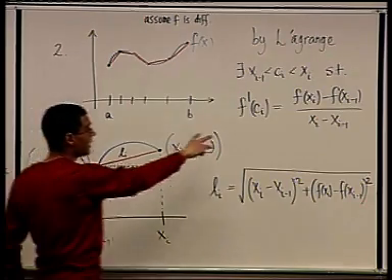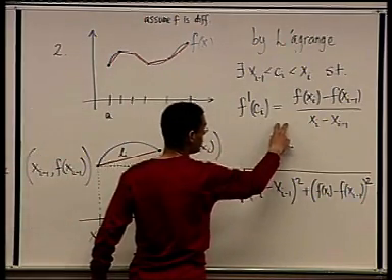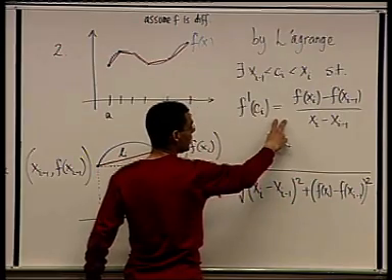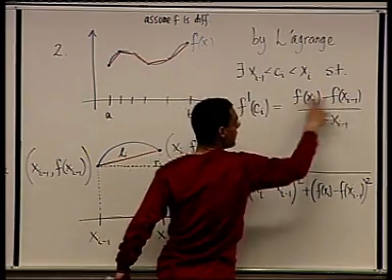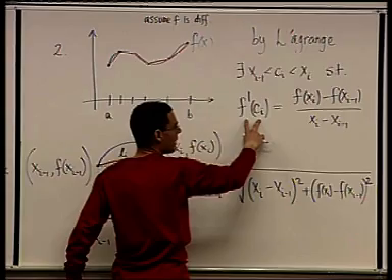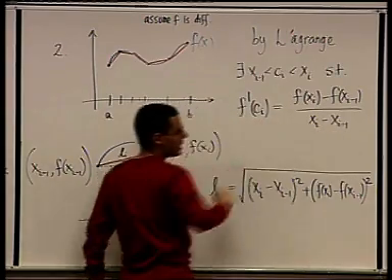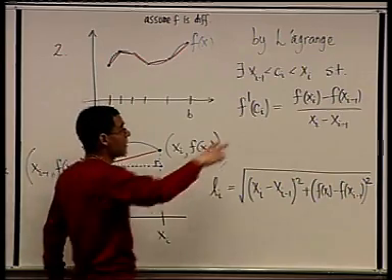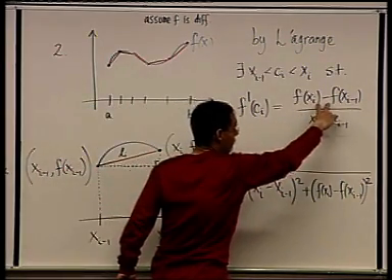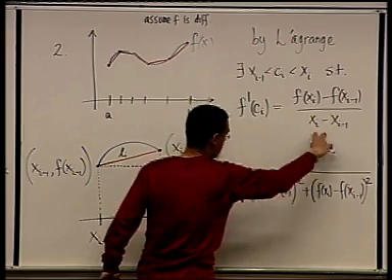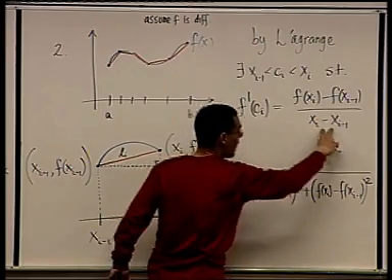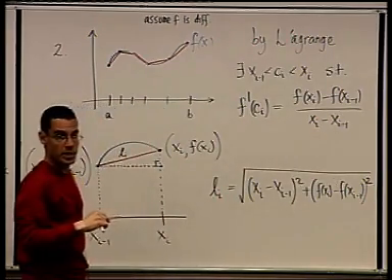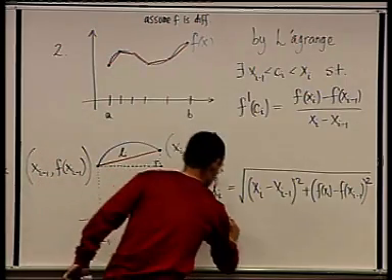Okay, so we have this. And from this it follows that this difference equals f prime at ci times xi minus xi minus 1. Do you agree? And I'm going to substitute this term here with the product of f prime ci times xi minus xi minus 1.